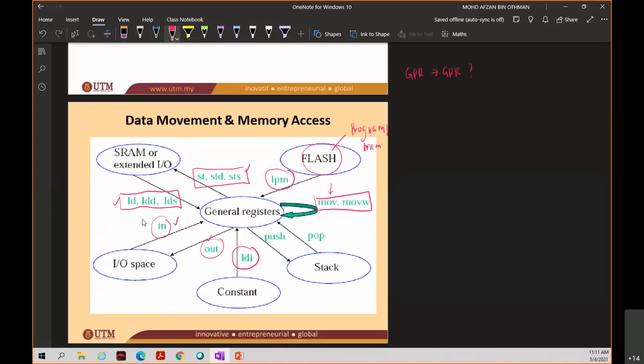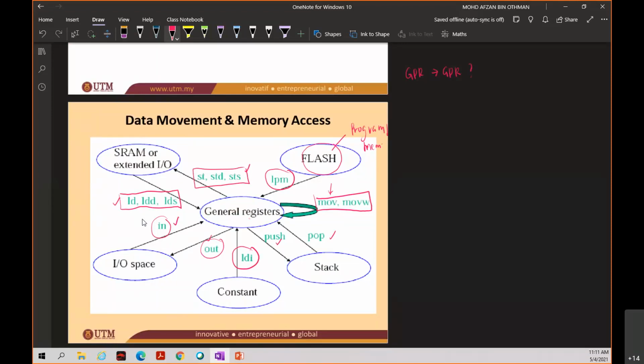Meanwhile, if you are using a stack, to move data between GPR and stack we can use the push and pop instructions. Push means that we copy a value from GPR and put it onto our stack, whilst with the pop instruction, we take the value from the stack and put it into our GPR.